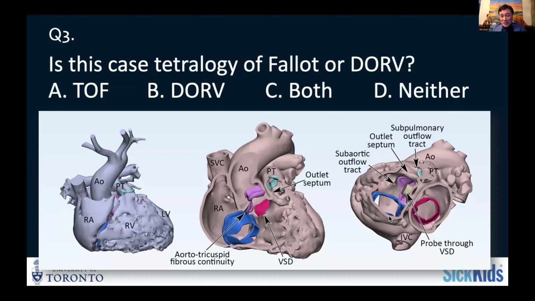In the short axis, seen from the apex, you can see the ventricular septum here, and this probe is through the VSD, with the aorta more than 80% overriding, mostly arising from the right ventricle. This case has fibrous continuity between the aortic valve and the tricuspid valve. Would you call it tetralogy of Fallot or double outlet right ventricle, or both, or neither?